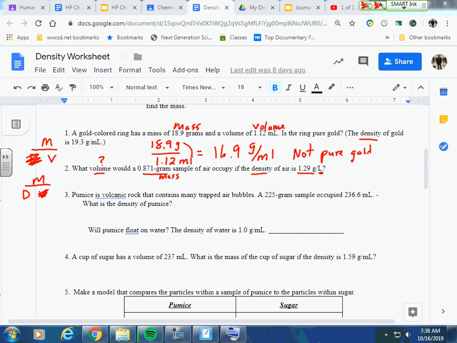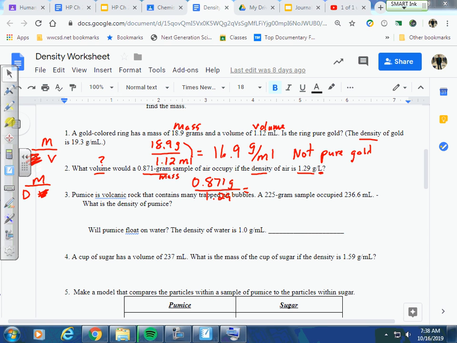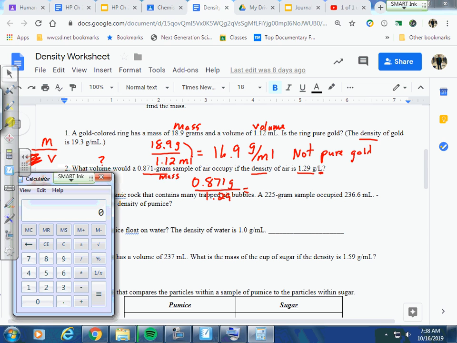But I'm going to do just like the pyramid says to do. I'm going to take the mass, 0.871 grams, and I'm going to divide that by 1.29. And so if I do that, I'm going to get 0.68675.